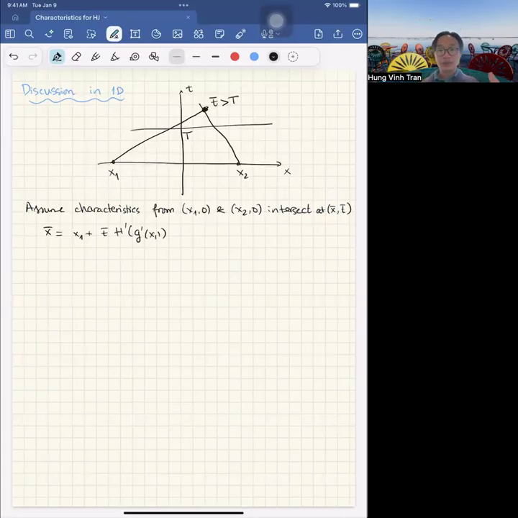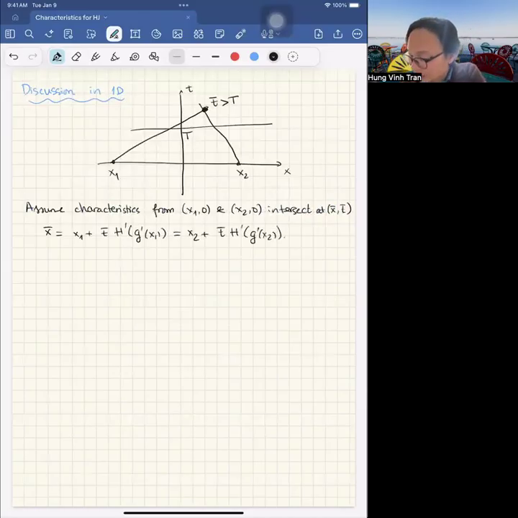That's what is given to me, right? But because they intersect, that is also equal to x2 plus t bar times h prime of g prime of x2.